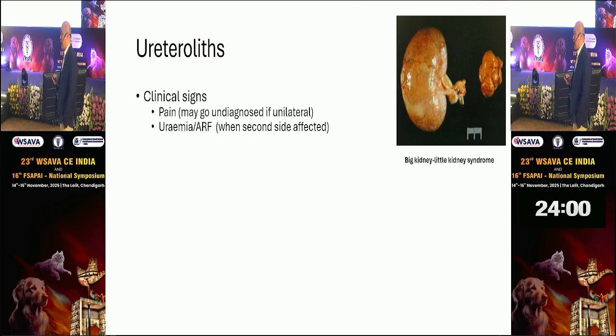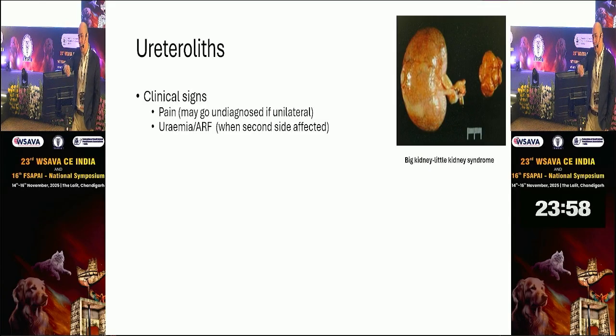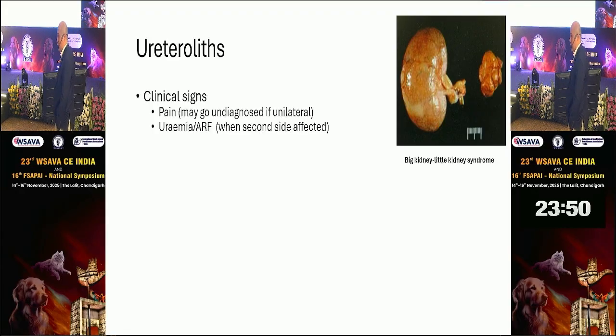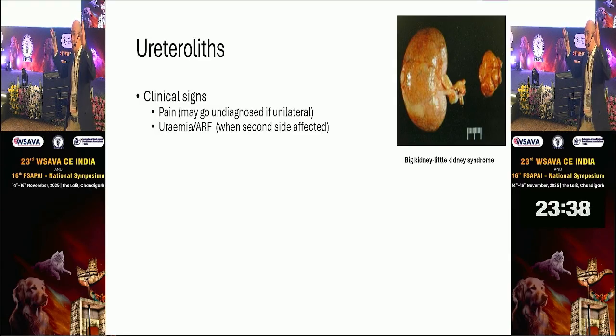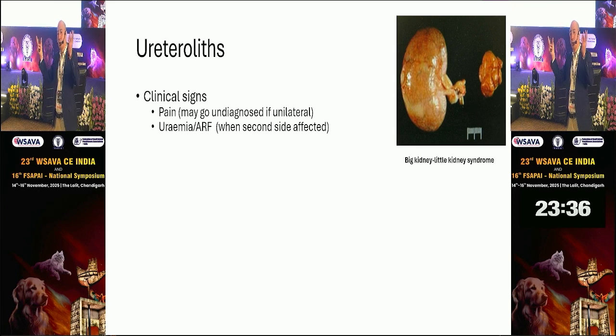Okay. Now, the next area down where we get blockages, so in the ureters, this is a real area of interest now because we're recognising that ureteral obstructions are really quite common and they can be really debilitating. And so often the problem is we don't recognise the early signs of obstruction in the ureters. Why? Because you've got 2 kidneys and 2 ureters.